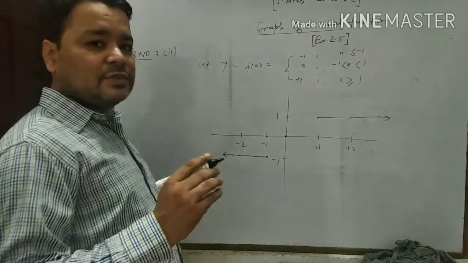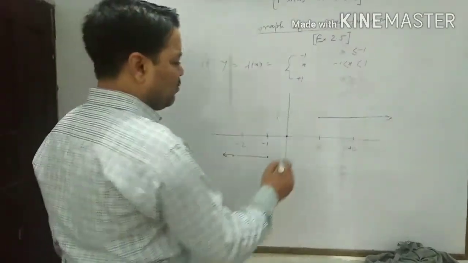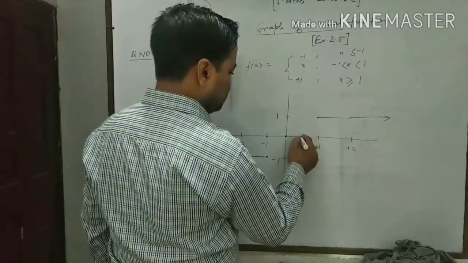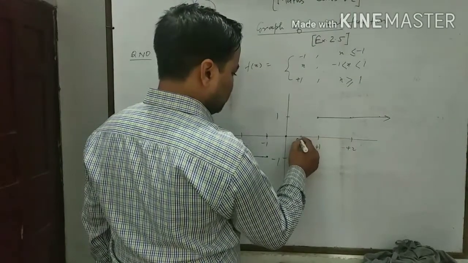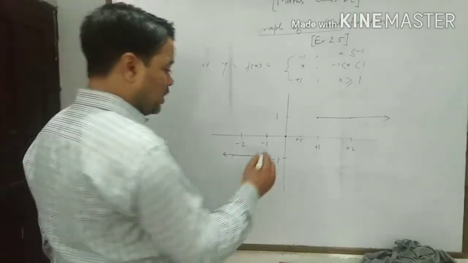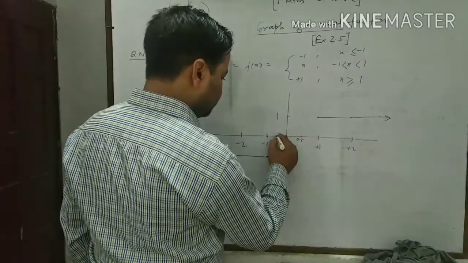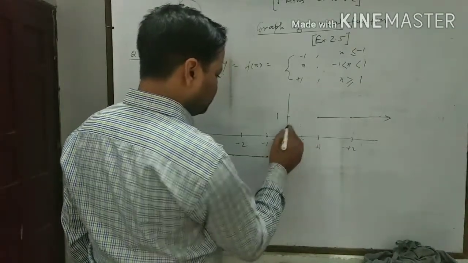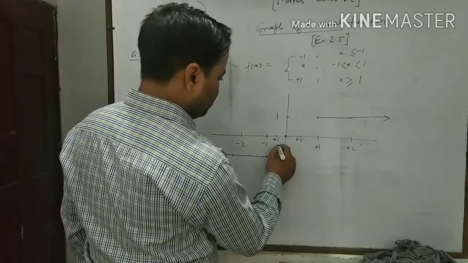If we take 0.5, then the value of y is also 0.5. If x is minus 0.5, then y is also minus 0.5.